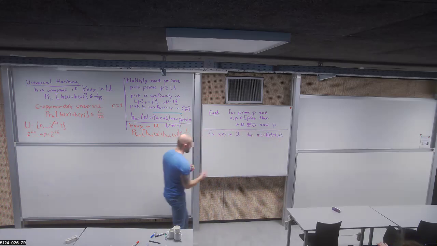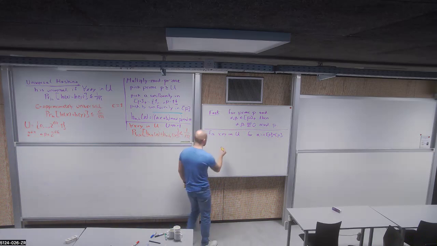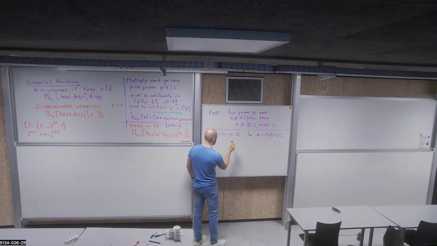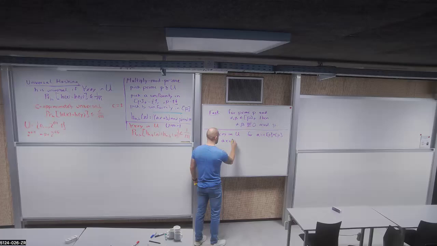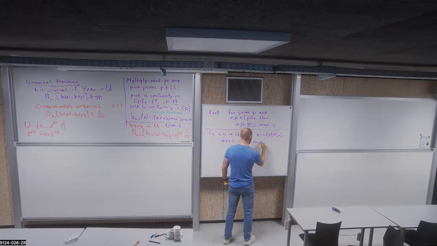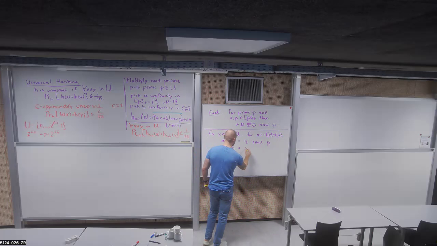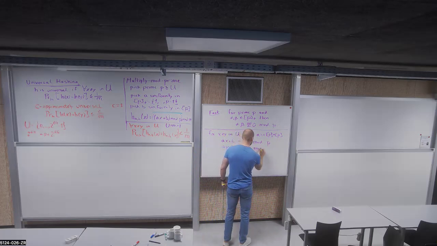And for such an a, b, let's look at two different numbers here. We're going to look at the numbers q and r such that ax plus b is equal to q mod p, and ay plus b is equal to r mod p.